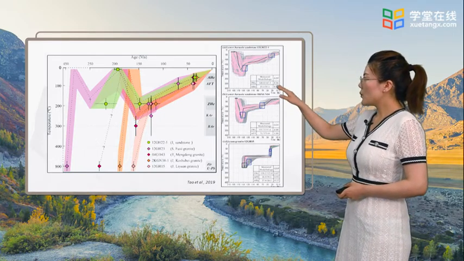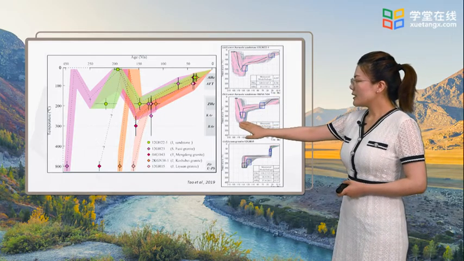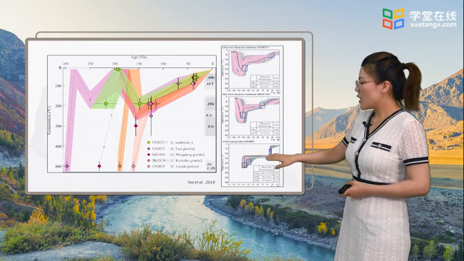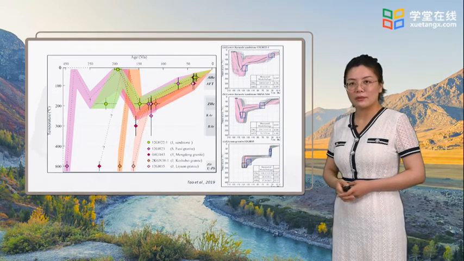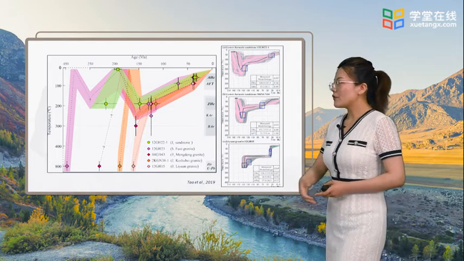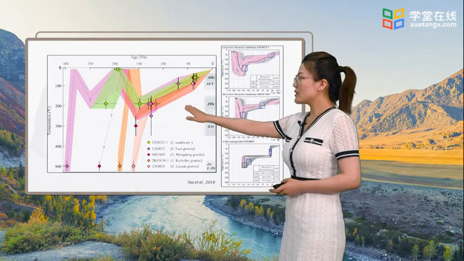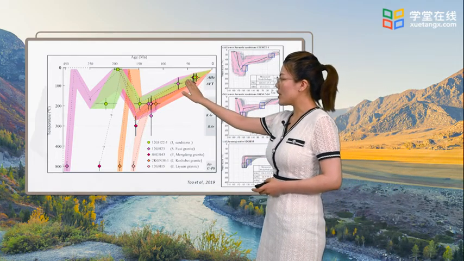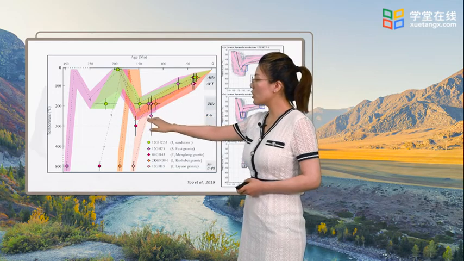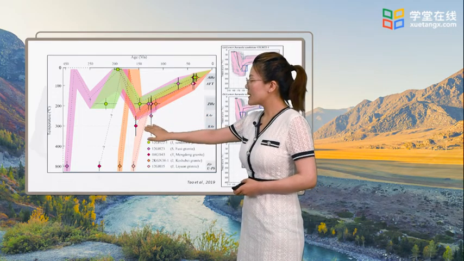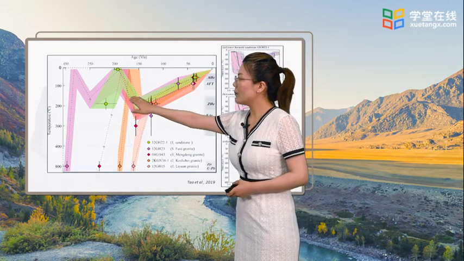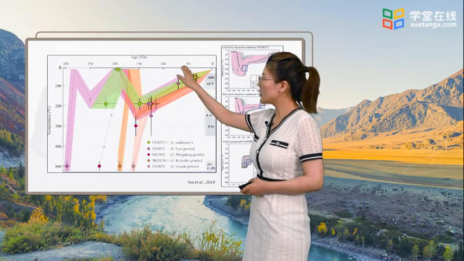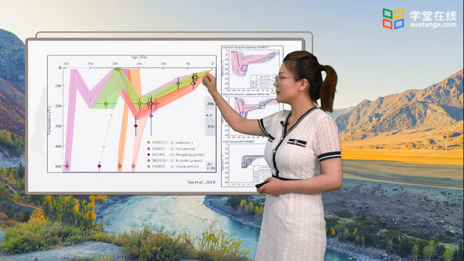From this modeling, we can see the heating and cooling event well defined by the inverse modeling using the HeFTy program, whereas in the forward modeling using thermochronological age and its corresponding closure temperature, we can see that it also gives us some ideas of possible heating and cooling scenarios.